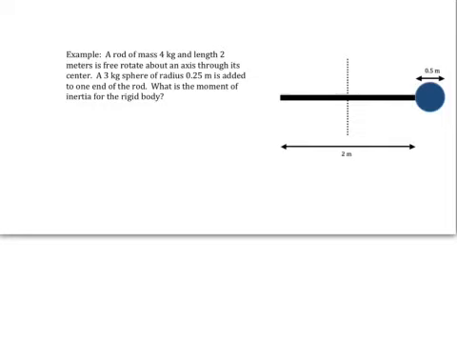Same thing with inertia. So I'm going to take the moment of inertia of the system, and that's equal to the moment of inertia for the rod plus the moment of inertia for the sphere.